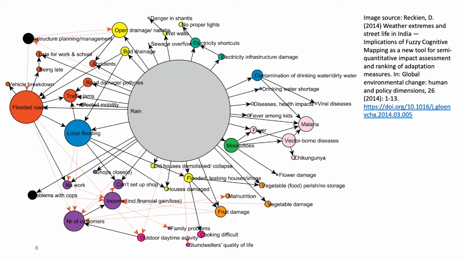In this example, you can see that various issues were mentioned by people, and these are sort of themed and color-coded according to those themes. You can also tell by the size of the circle how often that issue was mentioned. So, for example, the issue of flooded roads is red, but that circle is larger than the red circle indicating traffic jams, which means for our purposes that flooded roads were mentioned much more often than traffic jams.